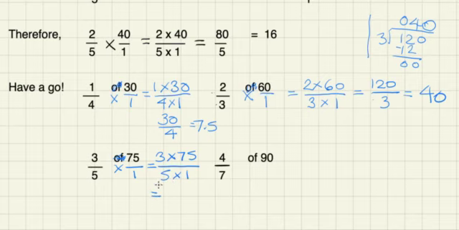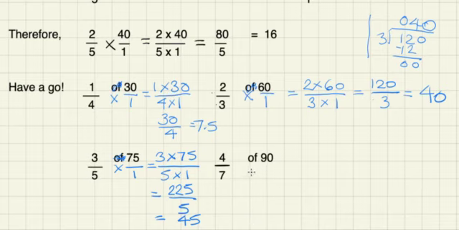So what does all this equal? 3 times 75 is 225. 5 times 1 is 5. And then when you do the calculation through the bus stop method or whatever, you find out the answer is 45. So hopefully you got that value.